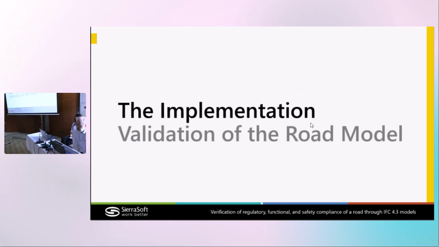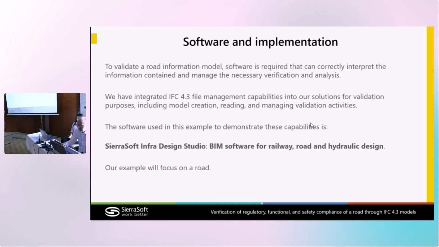To help you better understand how this works and how to apply this information in practice, I will give you a short example using our implementation. Okay, to validate a road information model, software is required that can correctly interpret the information contained and manage the necessary verification and analysis.